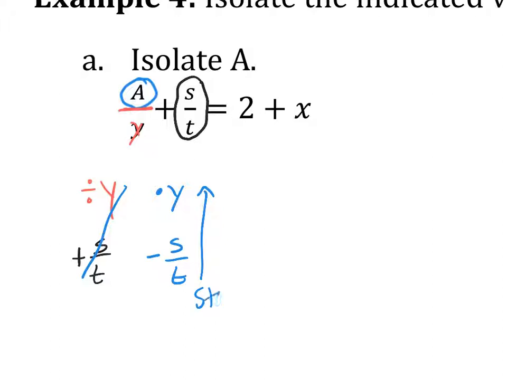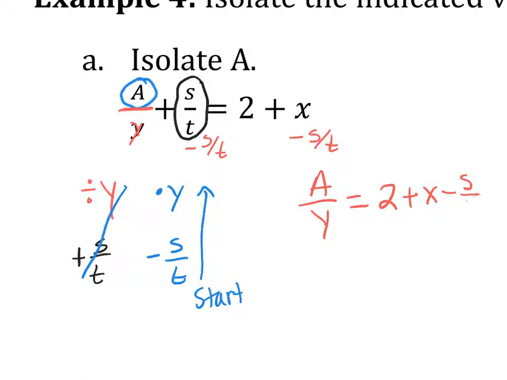So it's the same thing. Again, we're just not going to have any like terms to combine. So we would start by subtracting s over t. So a over y equals, and then there's no other s over t terms, so we just have to leave it as 2 plus x minus s over t. And then we would multiply by y. And again, the whole right-hand side gets multiplied by y.